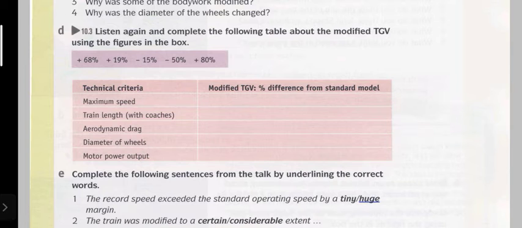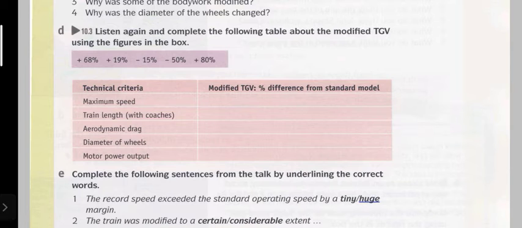As you can see from this slide, one of the biggest differences was that the modified train was significantly shorter. In order to make it lighter, there was a 50% reduction in length, down to 100 meters, compared with a 200-meter standard length. The coaches being pulled were perfectly standard.